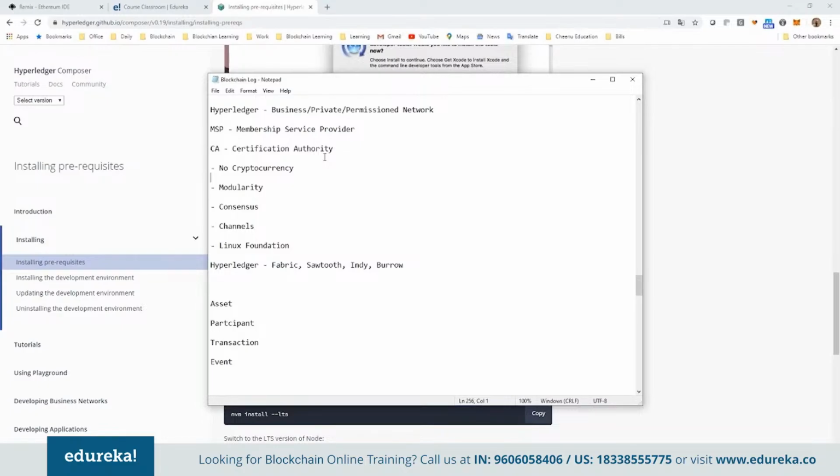Similarly, by default you are given a Byzantine fault tolerance consensus algorithm, but if you want to use some other consensus algorithm of your choice, you can just take the original one out and put in your own. So everything is plug and play, and therefore everything is modular in nature. You can take out any default component and put in any component of your choice, depending on what business problem you are trying to solve.